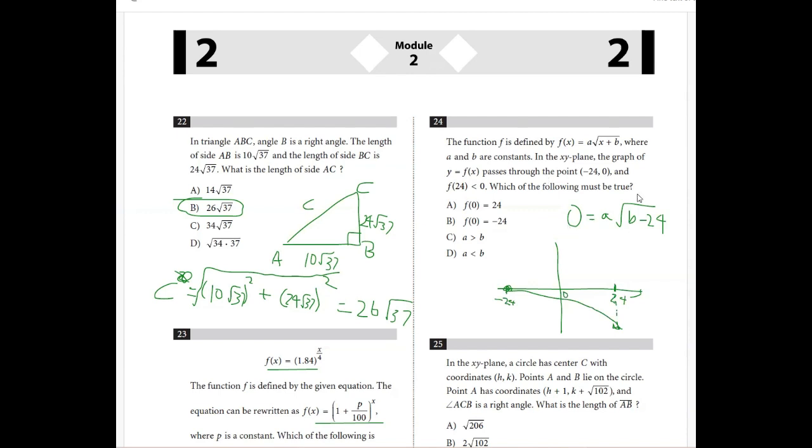So we know that this must hold true for this situation. And b has to be positive because, let's say, what this means is we're shifting b units in the x direction to the left.